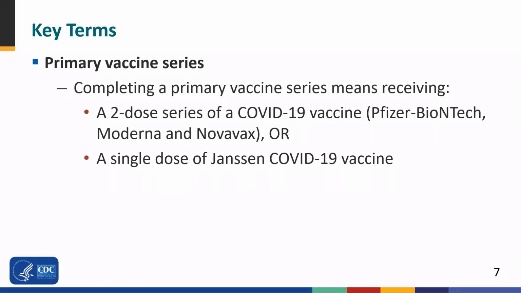First, we will define primary COVID-19 vaccine series. Completing a primary vaccine series means receiving a 2-dose series of a COVID-19 vaccine, Pfizer, Moderna, or Novavax, or a single dose of Janssen COVID-19 vaccine.